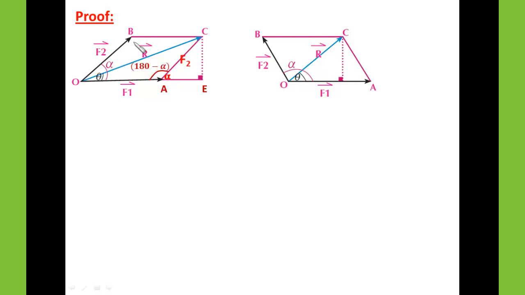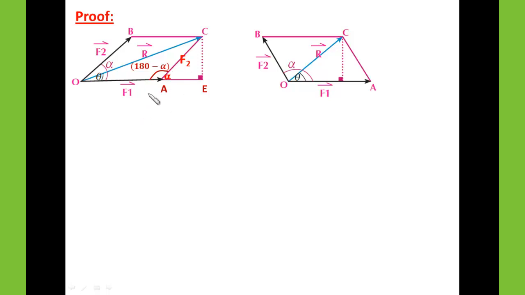OB represents F2, and AC is parallel to OB. Then we can transfer F2 to the side AC.